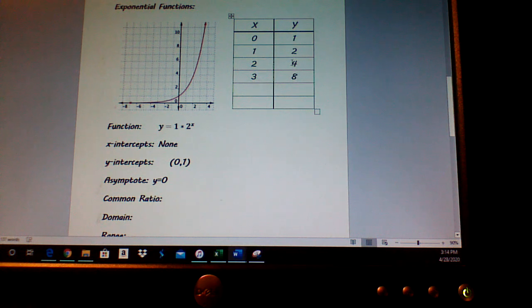So adding would not be my pattern. What would be the pattern here is multiplying. 1 times 2 gives me 2. 2 times 2 gives me 4. 4 times 2 gives me 8. Every single time I am multiplying by 2. And that right there is our common ratio.